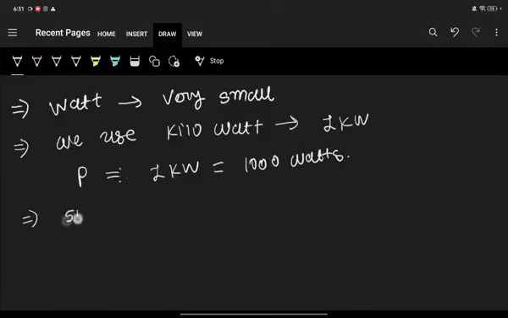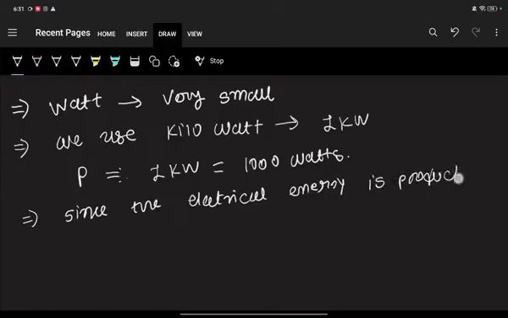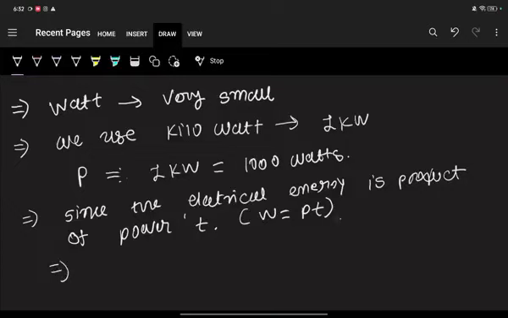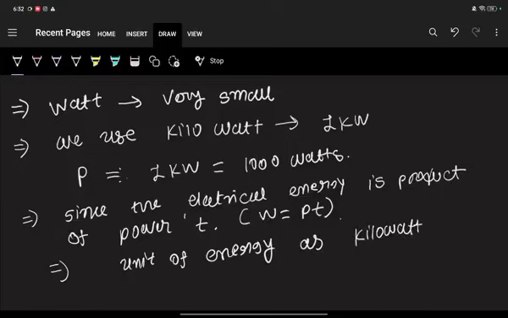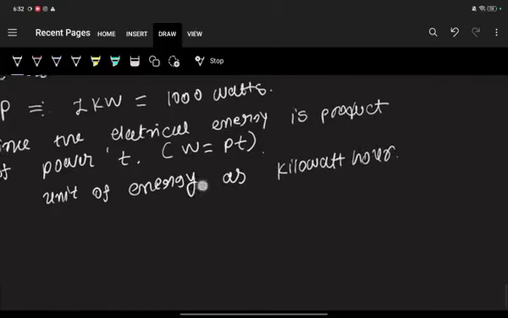Since electrical energy is the product of power and time, which is simply W is equal to P into T, instead of joule, we use as unit of energy the kilowatt hour.